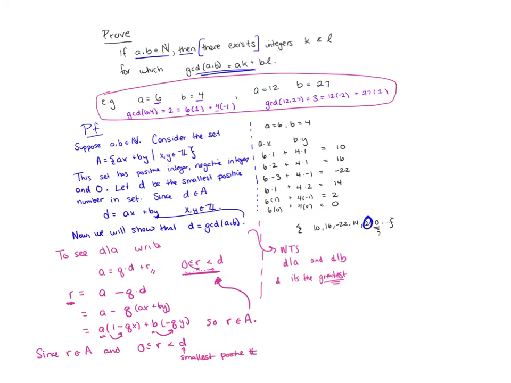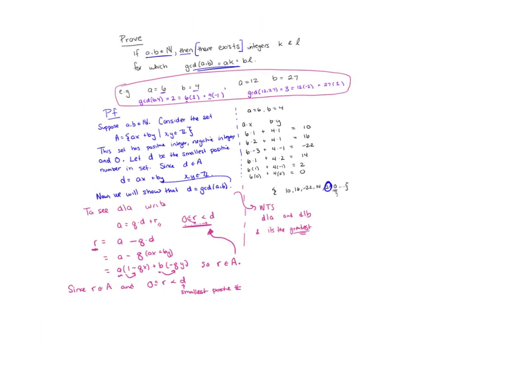So it can't be a positive number, therefore R has to be 0. And that tells me that A is just Q times D. And then if I do the B case, this is going to be similar. So we get that D divides B as well.